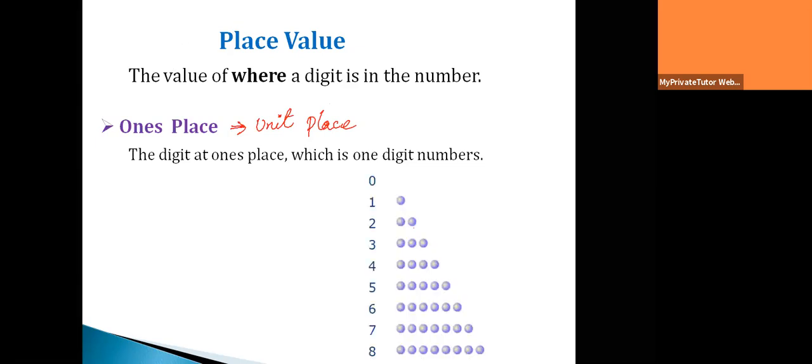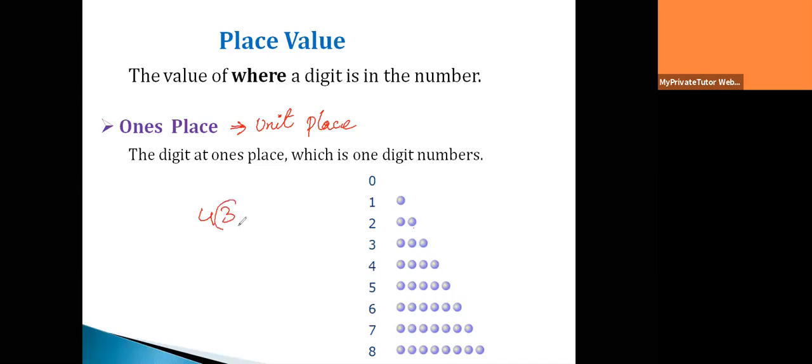So ones place is a single digit. It comes at the end of the number. For example, 43: 3 is at ones place, which is nothing but a unit. This digit will be between 0 to 9, as we all know. So the last digit of a number is always between 0 and 9.